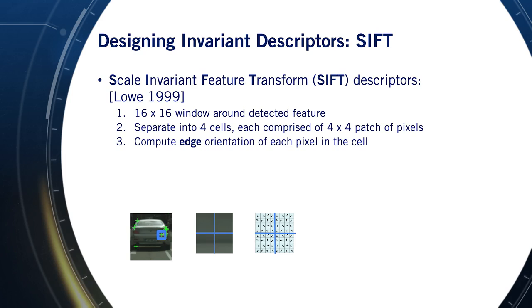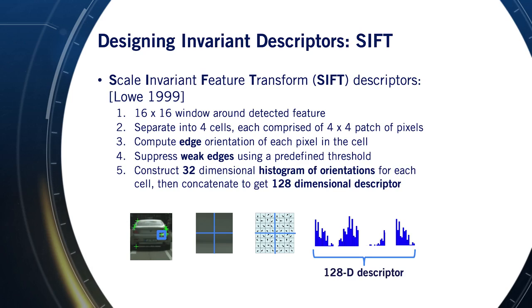Next, we compute the edges and edge orientation of each pixel in each cell, using the gradient filters we discussed in Module 1. For stability of the descriptor, we suppress weak edges using a predefined threshold, as they are likely to vary significantly in orientation with small amounts of noise between images.